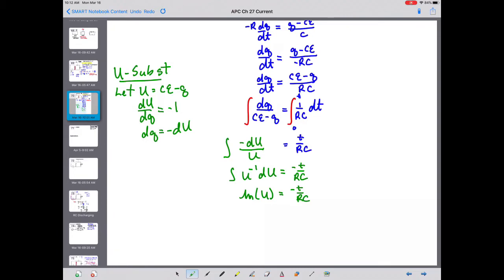Now putting back in what we previously had, natural log of C EMF minus Q. Now the endpoints of integration, thinking way back up to when we started the integral, we are integrating with respect to Q. When we first closed the switch, there was no charge on the capacitor, so our endpoints of integration, 0. And then we are approaching, as we build up charge, some other charge Q.